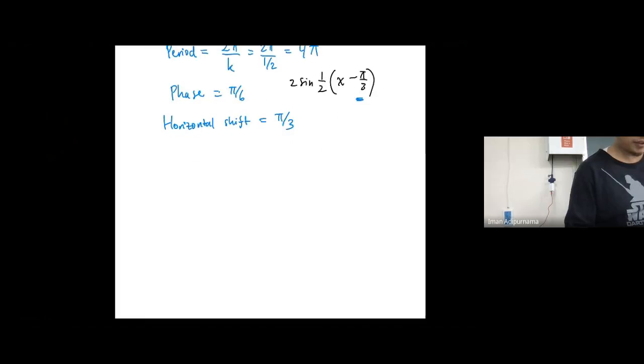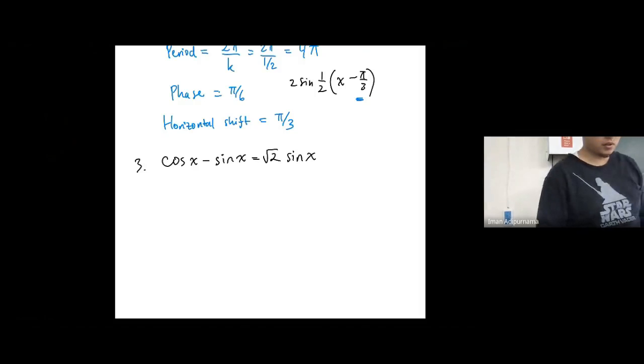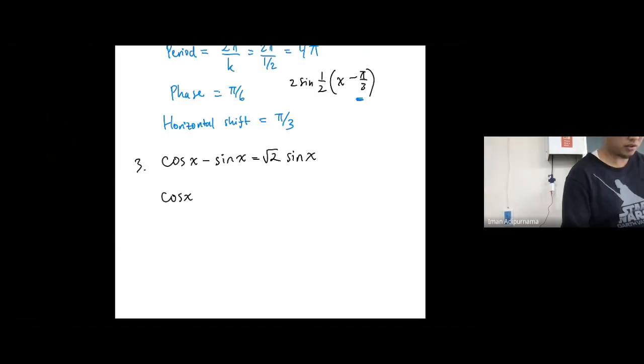And then number 3. So this is the information, and the question is cos x plus sin x. Actually, I should tell you at least the options that the form should be.